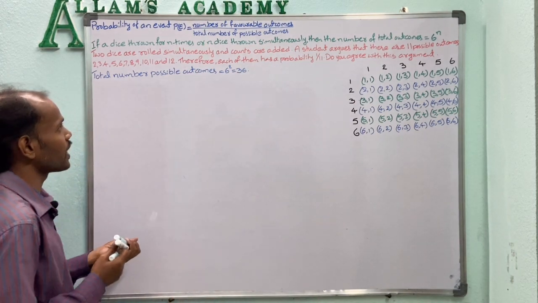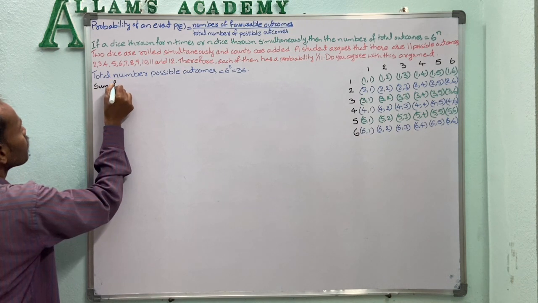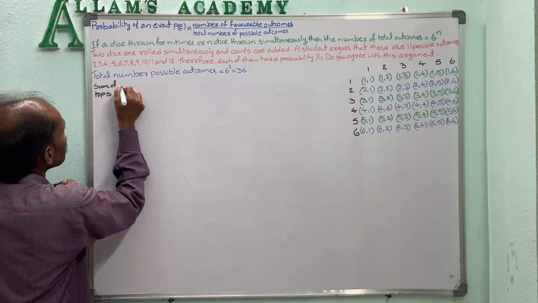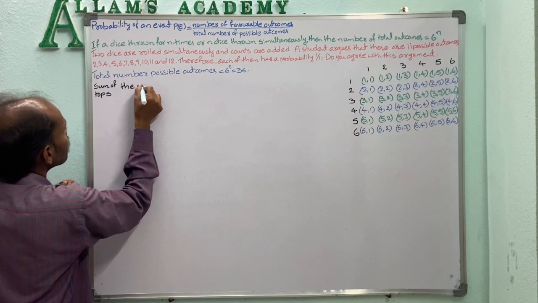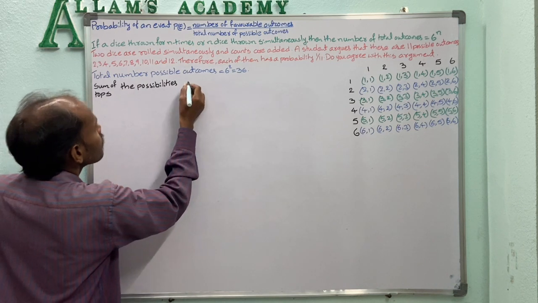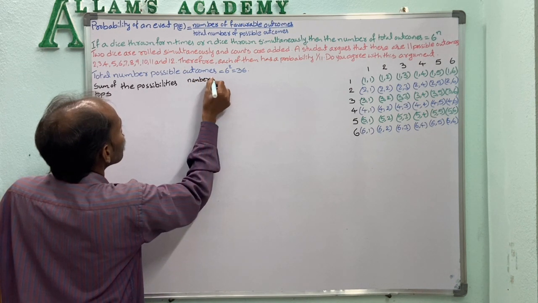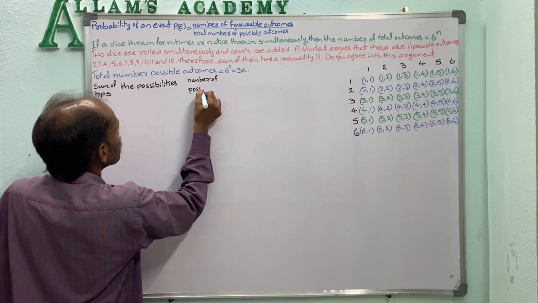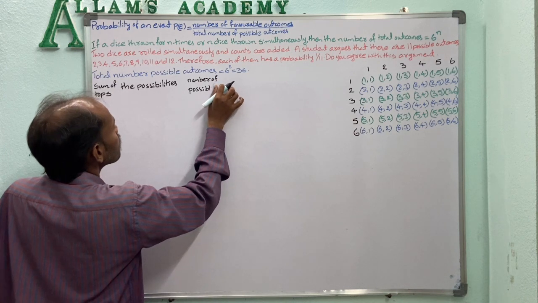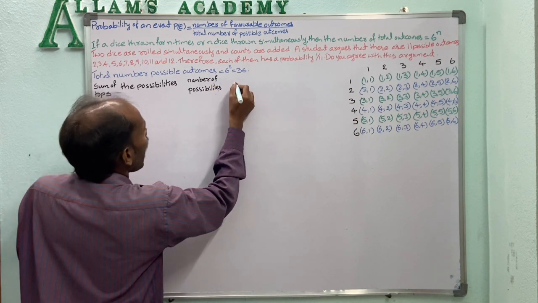So now we find the sum of the tops, the number of possibilities and the probability.